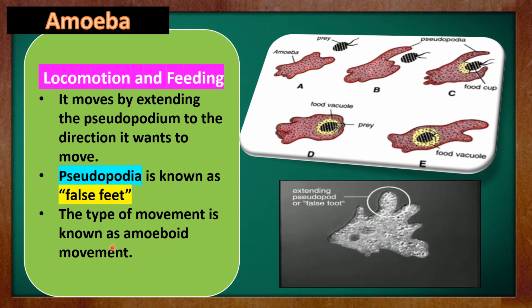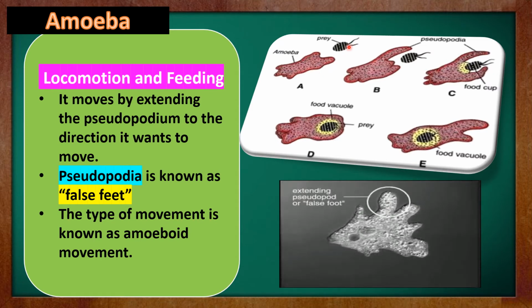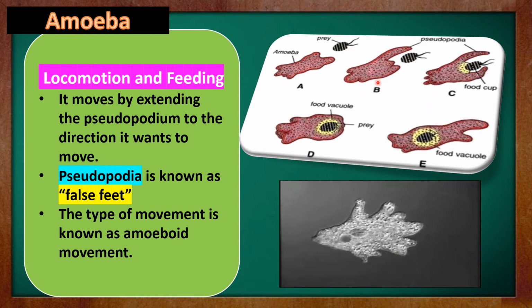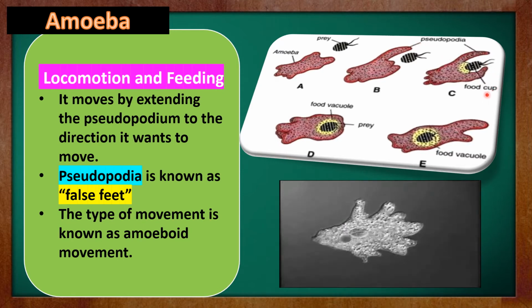For example, here in letter A, this is the structure of an amoeba, and then the amoeba sees a prey, meaning food, to eat. So the amoeba in letter B is going to extend the false feet. This one is the false feet. It extends and forms a food cup here to trap the prey or the food.